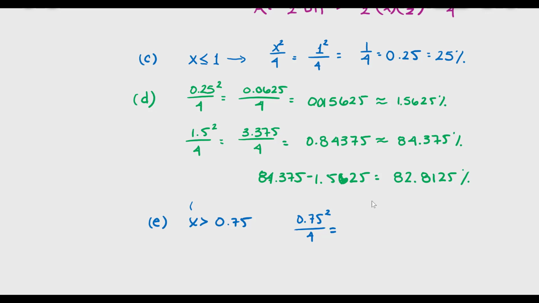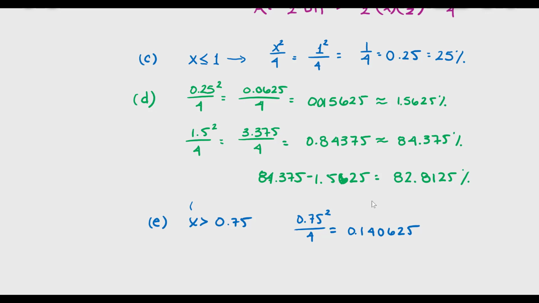Divided by 4, we get 0.140625. Don't have to use that many decimal places. I'm just writing down what I see on the calculator here. So that is the area to the left of 0.75.